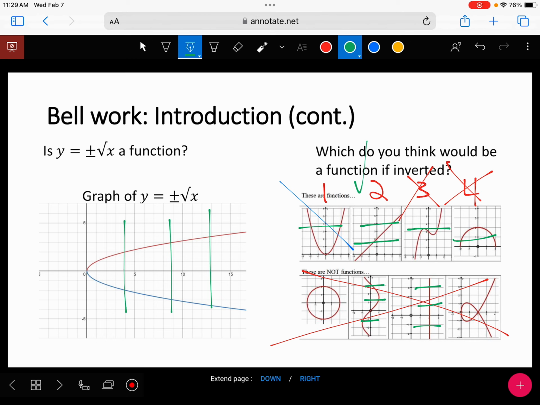And that's going to be really important as we look at our inverse trig functions. The way we can tell graphically if something's one-to-one, I'm going to need you guys to write this down, is a relationship is one-to-one if it passes both the vertical and horizontal line test.